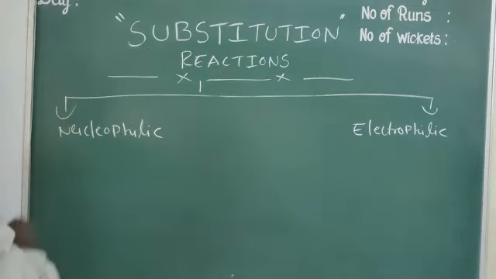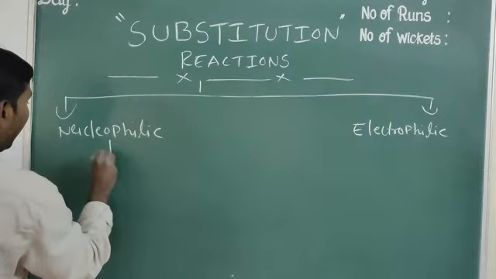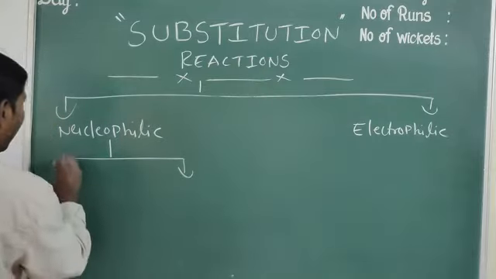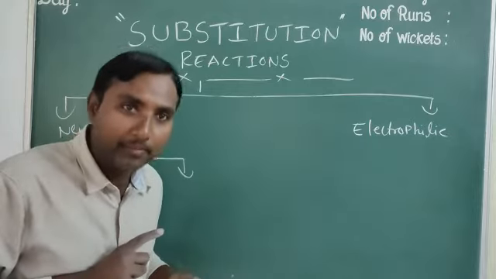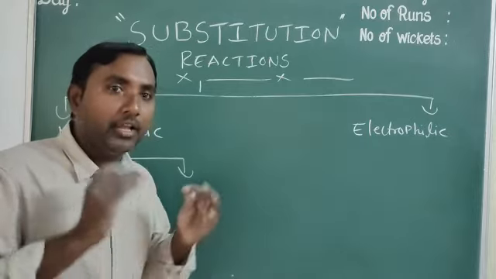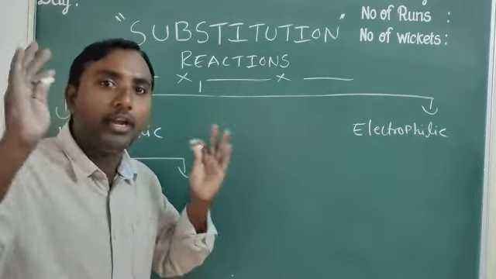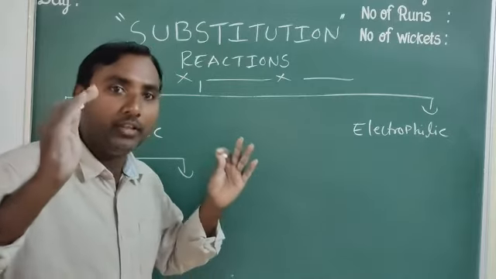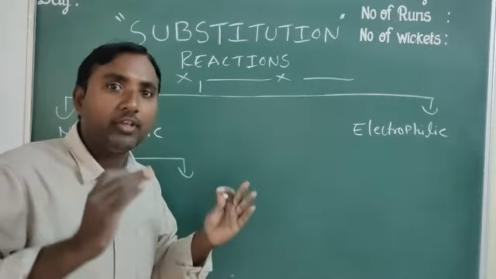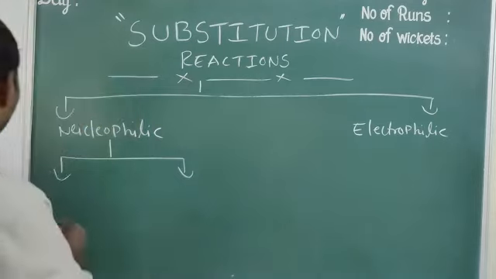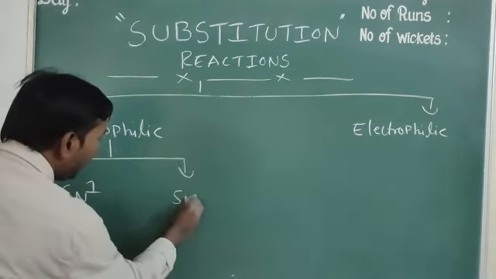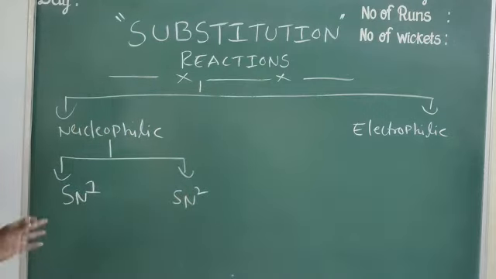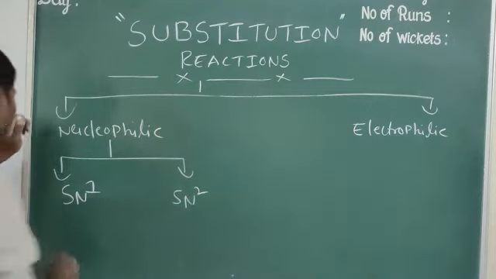Again, this nucleophilic reaction is generally of three types: SN1, SN2, SNi. In our syllabus SNi is not needed, so we have to discuss only SN1 and SN2. What is SN1? The 1 means uni.